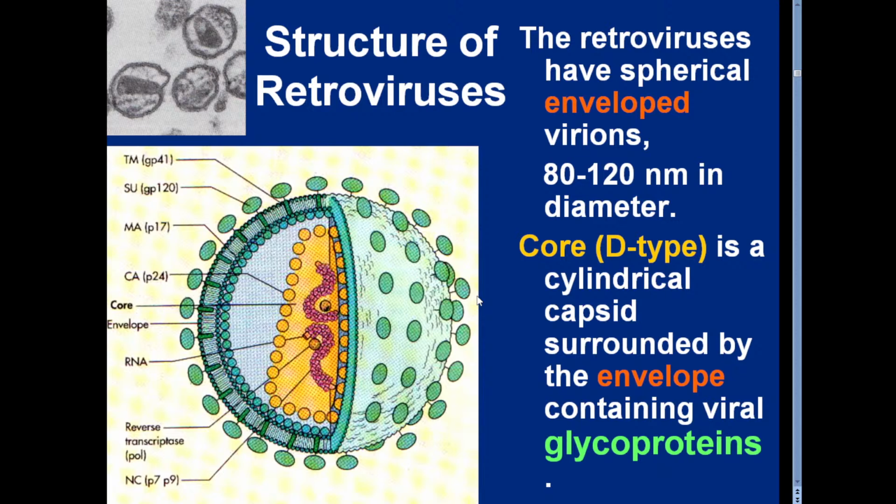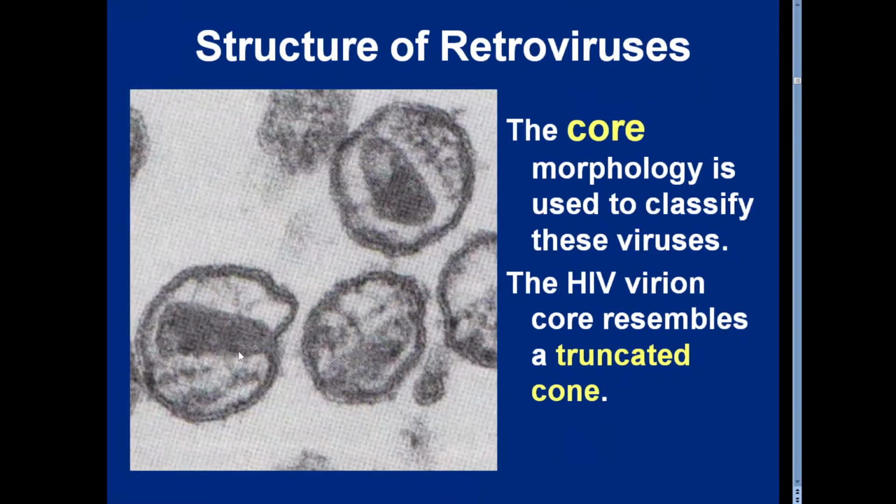Retroviruses are spherical, enveloped, about 80 to 120 nanometers in diameter. The capsid or core is cylindrical, surrounded by an envelope containing viral glycoproteins. Core or capsid morphology is used for classifying these viruses.